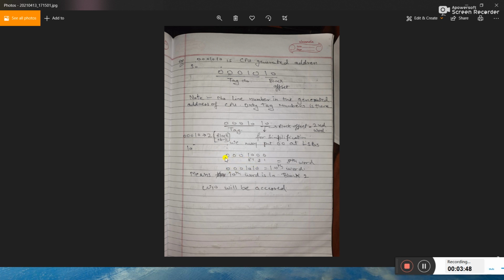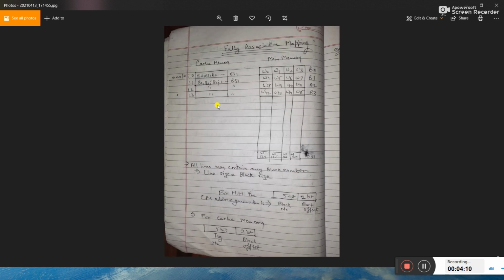Where it will be stored, the 8th word can be stored in that case.